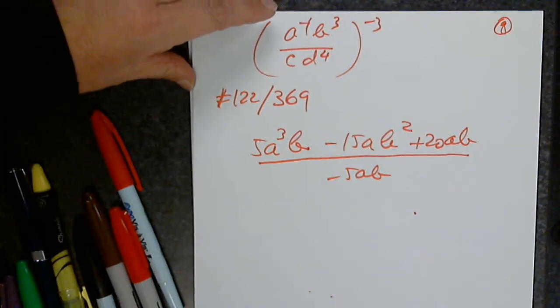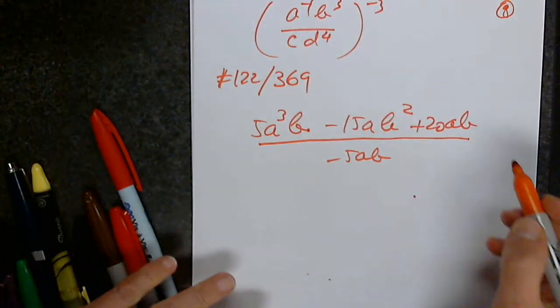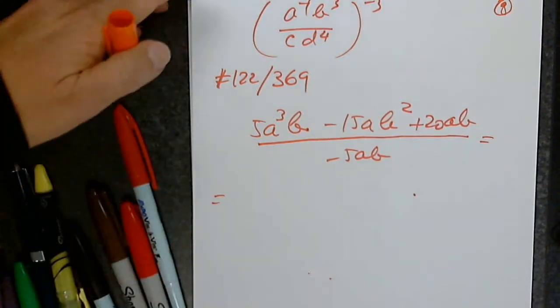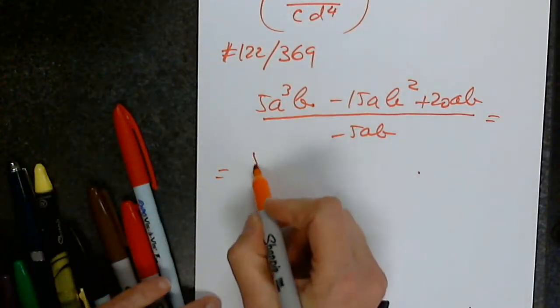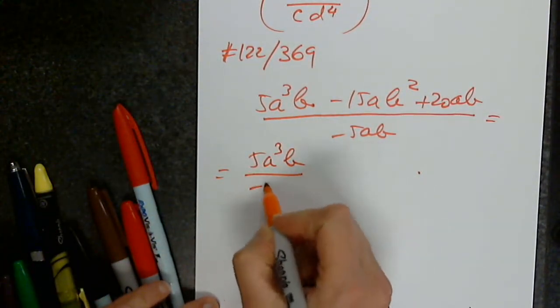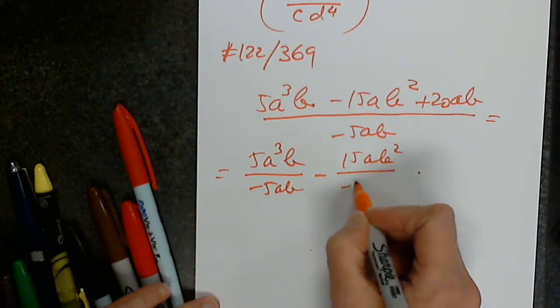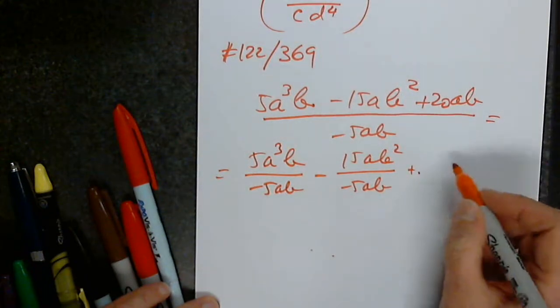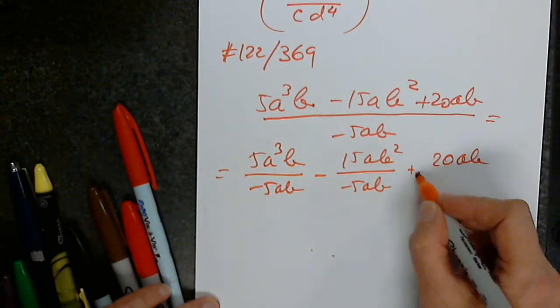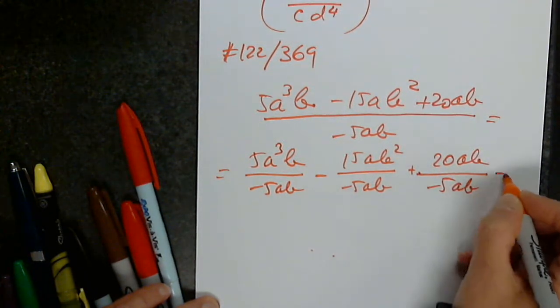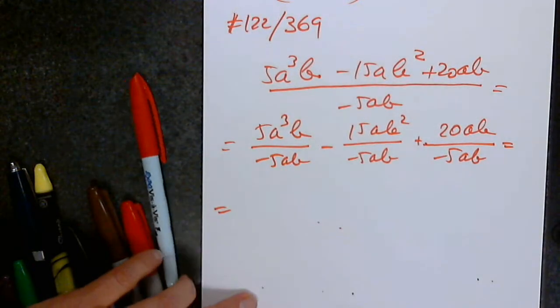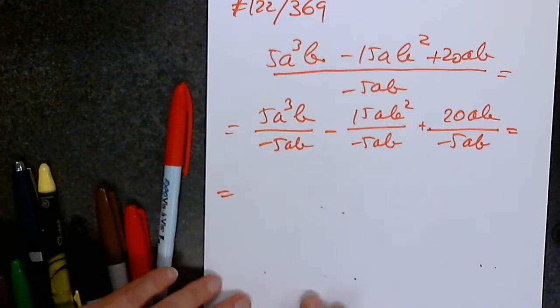Okay, so what do we do here? Yes, yes. So we have 5a cubed b, we separate the terms, very good. 15ab squared over negative 5ab, and then plus 20ab over negative 5ab. Ready?